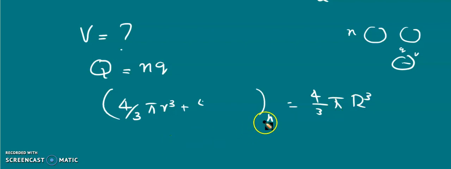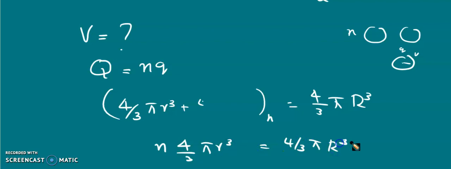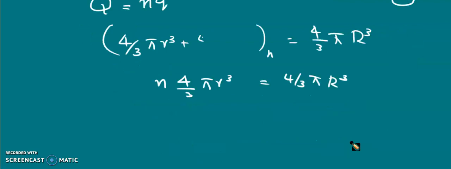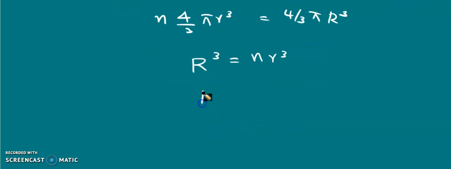That is, n into 4 by 3 pi small r cube is equal to 4 by 3 pi capital R cube. So capital R cube is equal to n into small r cube. Taking cube roots on both sides, we get capital R is equal to n to the power 1 by 3 times r.